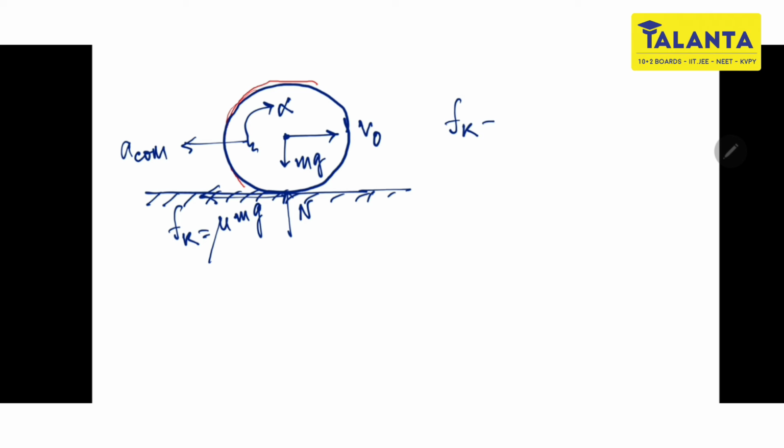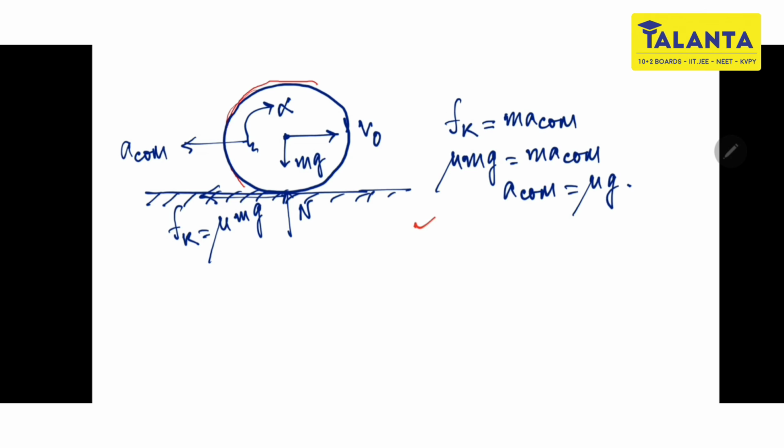Therefore, Fk equals ma, that means mu mg equals ma. Therefore, the acceleration of the center of mass equals mu into g. Now, torque about the center of mass equals the moment of inertia about the center of mass into alpha.